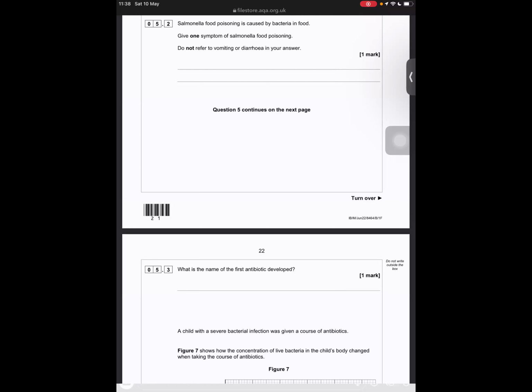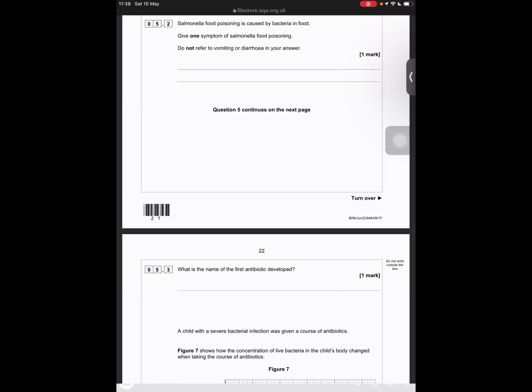I'm not too sure now if that was the very first, but that one is for preserving stuff. We're talking about antibiotics for the human body, right? Yes. Okay.